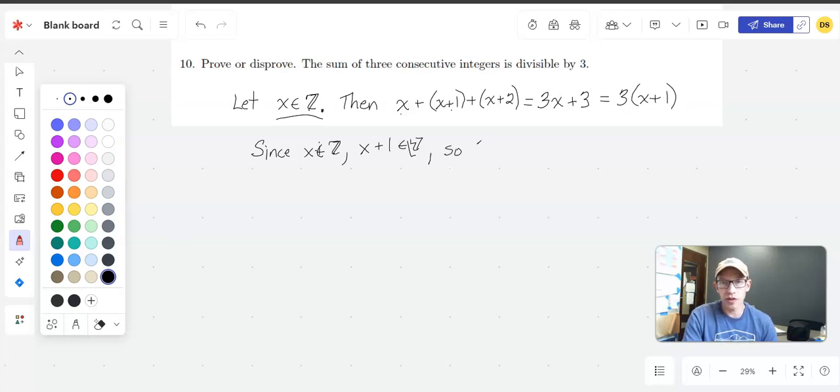So 3 divides this entire thing here. 3 divides any 3 consecutive integers. There's probably nicer ways to write that there, but that'll work for now.